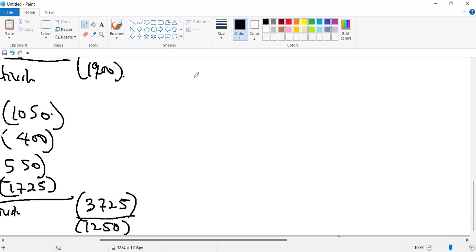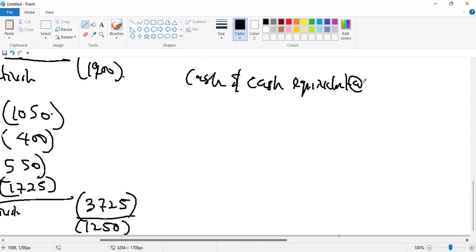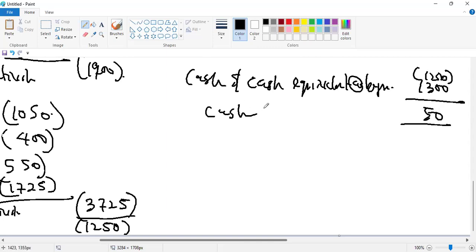So cash and cash equivalents at the beginning. How much is at the beginning? 13. So 1,250. That is it.